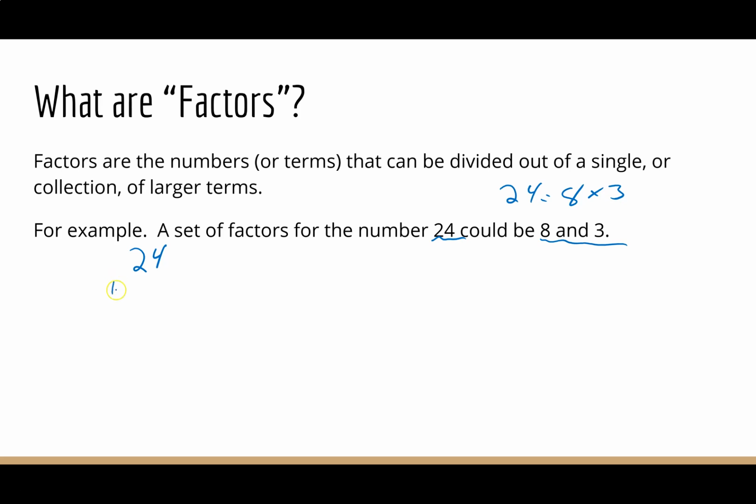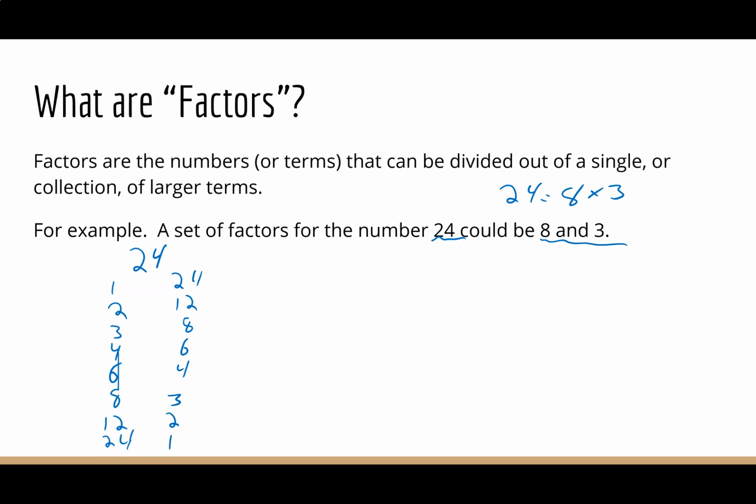To make 24 is 1 times 24, 2 times 12, 3 times 8, 4 times 6, 5 doesn't work. If it doesn't work, don't write it so you don't confuse yourself. 6 works, 6 and 4, 8 and 3, 12 and 2, 24 and 1.